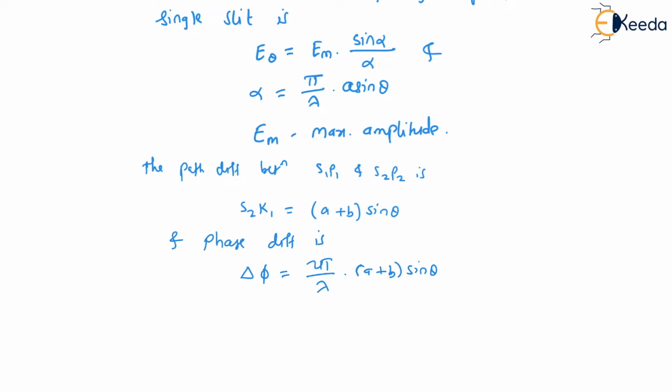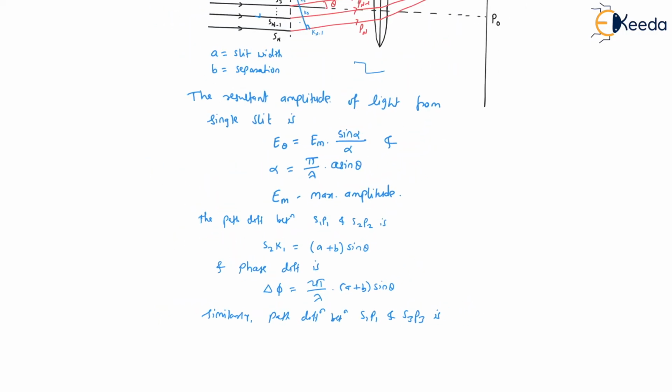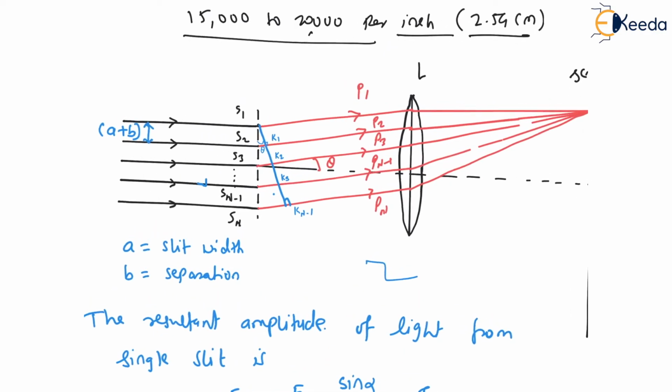So similarly, now we can do for S2P2 and S3P3. Similarly, the path difference between S1P1 and S3P3 is, now see the path difference for these two.